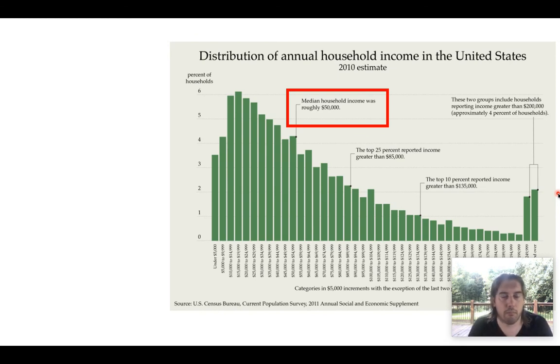They're worth billions and tens of billions of dollars, right? They make tens of millions of dollars a year. And there's a good number of people out there, something like 4% of households report an income of over $200,000, but they are not representative of the population.